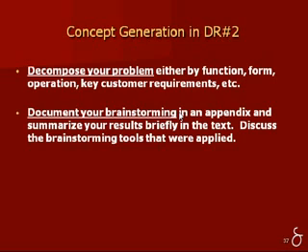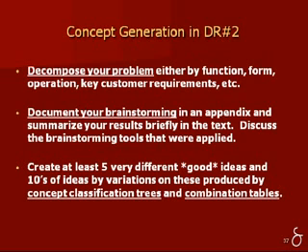And this is best to do in an appendix, so you don't want to encumber your well-written report by talking about all your brainstorming in the text. But you can certainly refer to figures in an appendix and then be very clear about the brainstorming process that you went through. And then create at least 5 different good ideas.